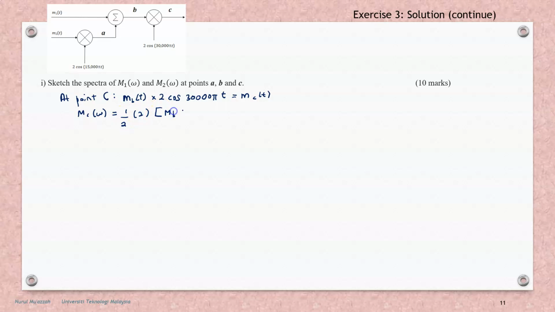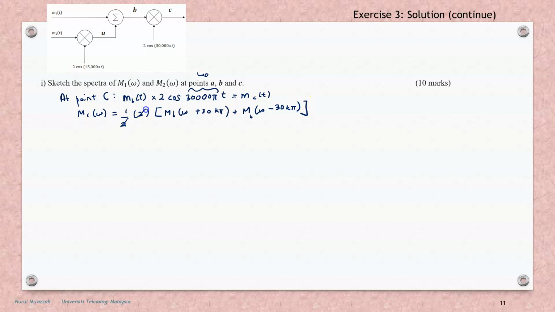So this is M_B(omega plus 30k pi), because this is the omega naught. It means this is the shifting of M_B(omega) plus M_B(omega minus 30k pi).